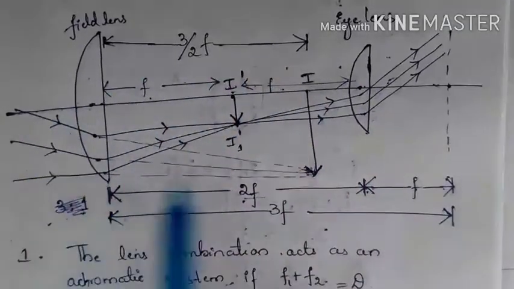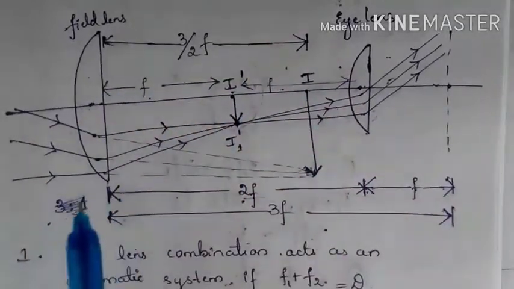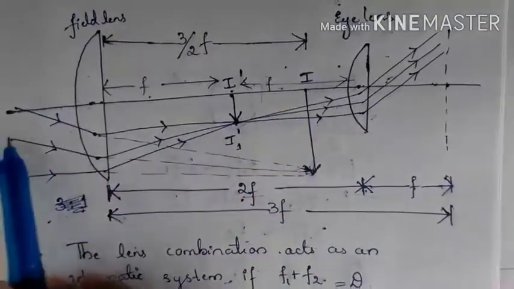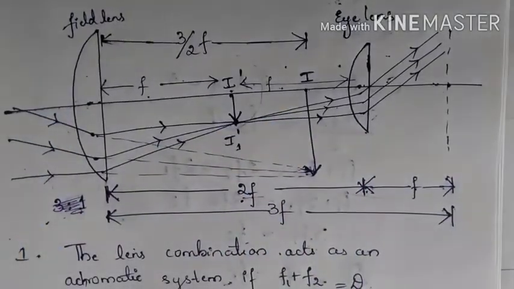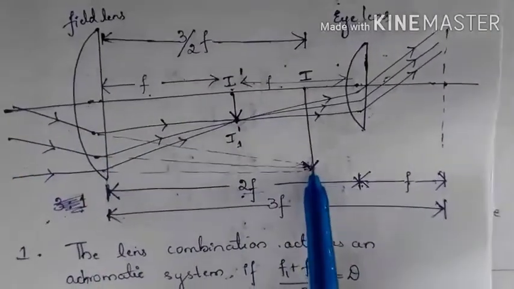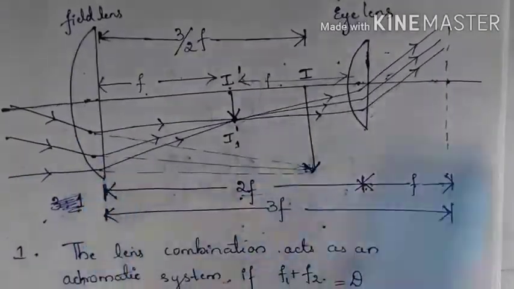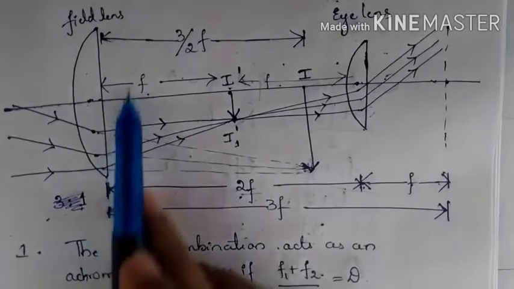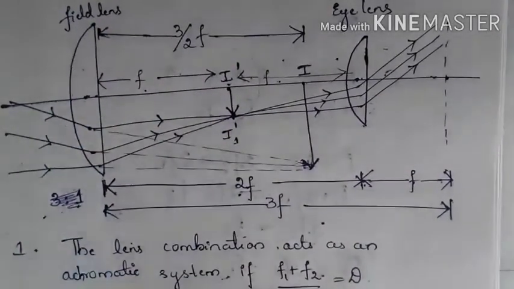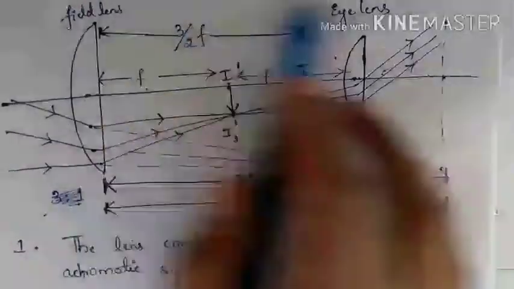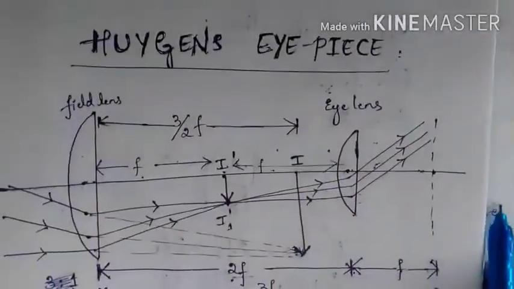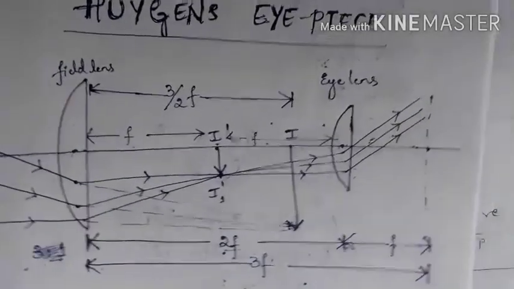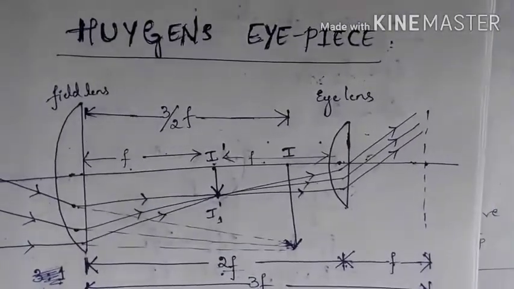And now this lens or this eyepiece should magnify the objective image, or the image that is formed from the objective lens, and this image is in the negative side of the field lens, or behind the field lens. So hence this Huygens eyepiece is called the negative eyepiece. So this is the Huygens eyepiece.